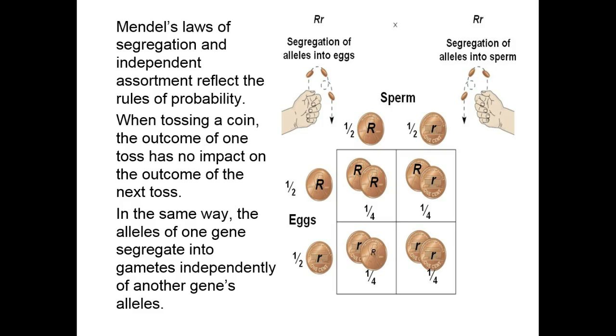I don't know if I'm expressing that. The image expresses it just fine, but the way that the alleles are going to get together from the sperm and the egg is always a 50-50 chance.